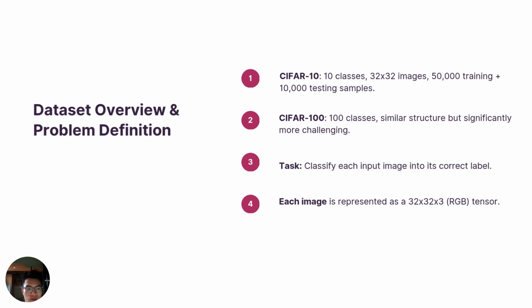So firstly, I want to introduce my datasets. CIFAR-10 has 10 classes and 32 by 32 images, with 50,000 training and 10,000 testing samples. And CIFAR-100 has 100 classes, usually the same structure as CIFAR-10, but significantly more complex and more challenging.